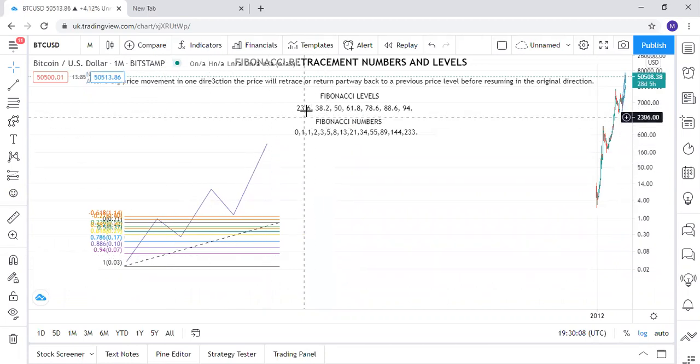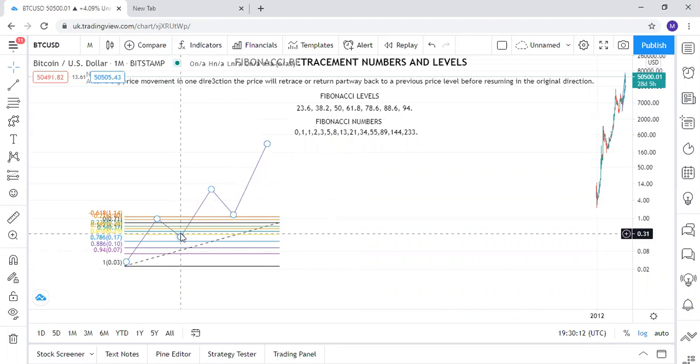Now, how do you know when a particular fib level is respected? You will know by candlestick formation, like I always say. Anytime the market is about to make a move, it will always give us hints through the candlestick formation. You notice a long wick, a long price rejection, and the next candlestick that forms will be a reversal candlestick.